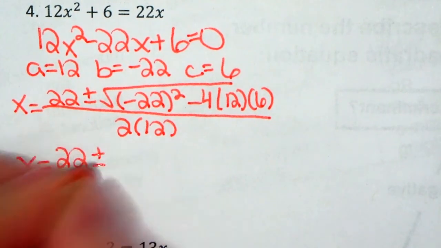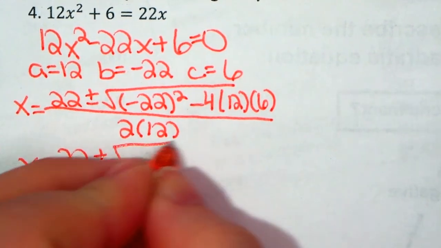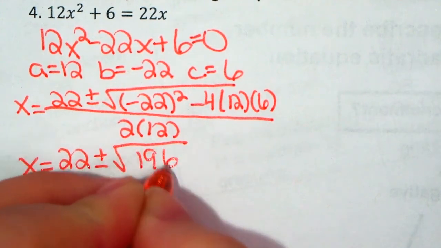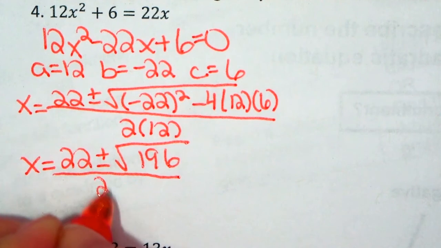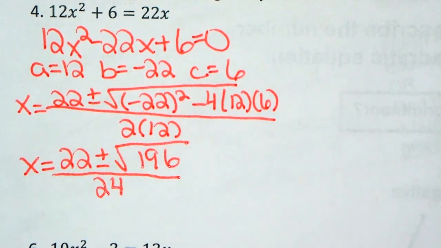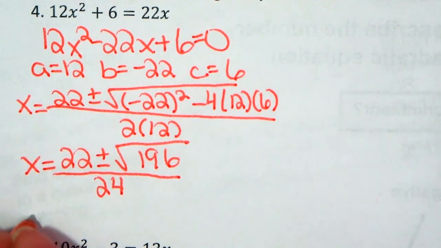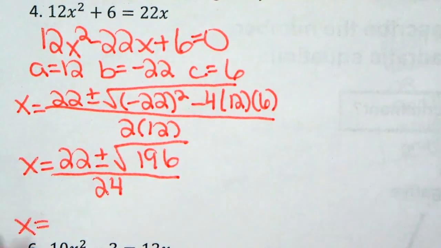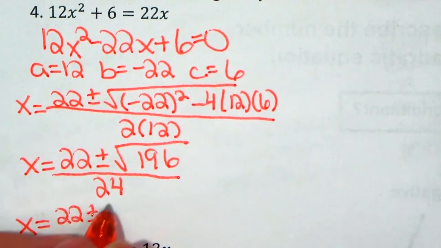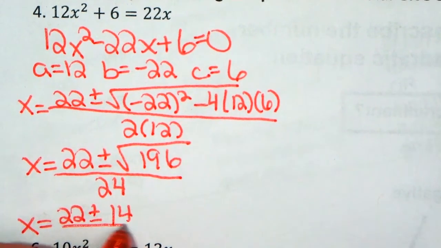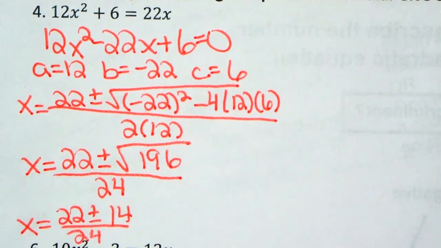So x equals 22 plus or minus the square root of 196 all over 2 times 12, which is 24. The square root of 196 is 14. So we have x equals 22 plus or minus 14 all over 24.